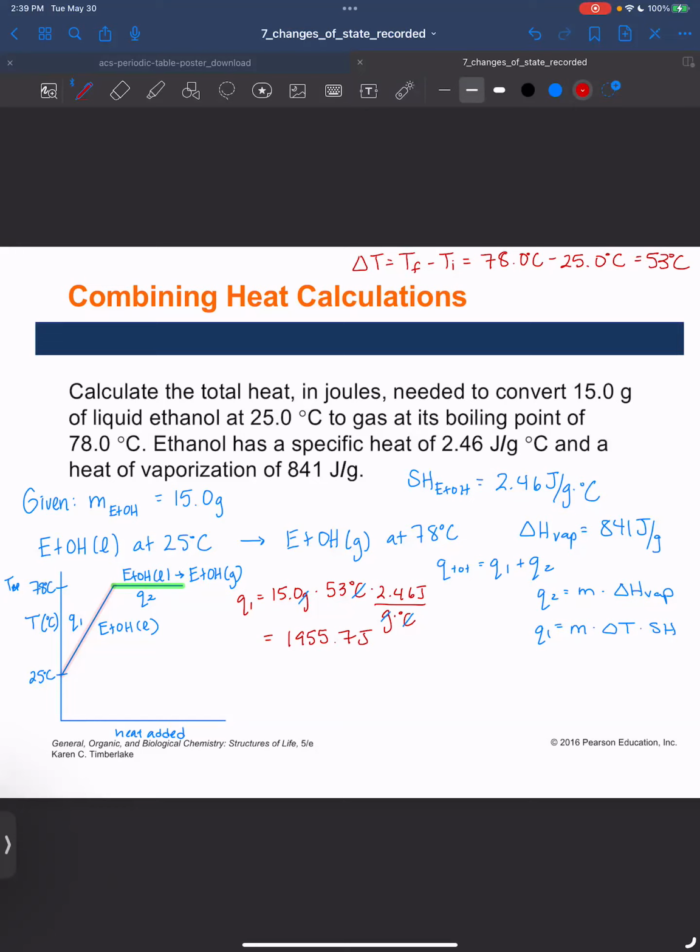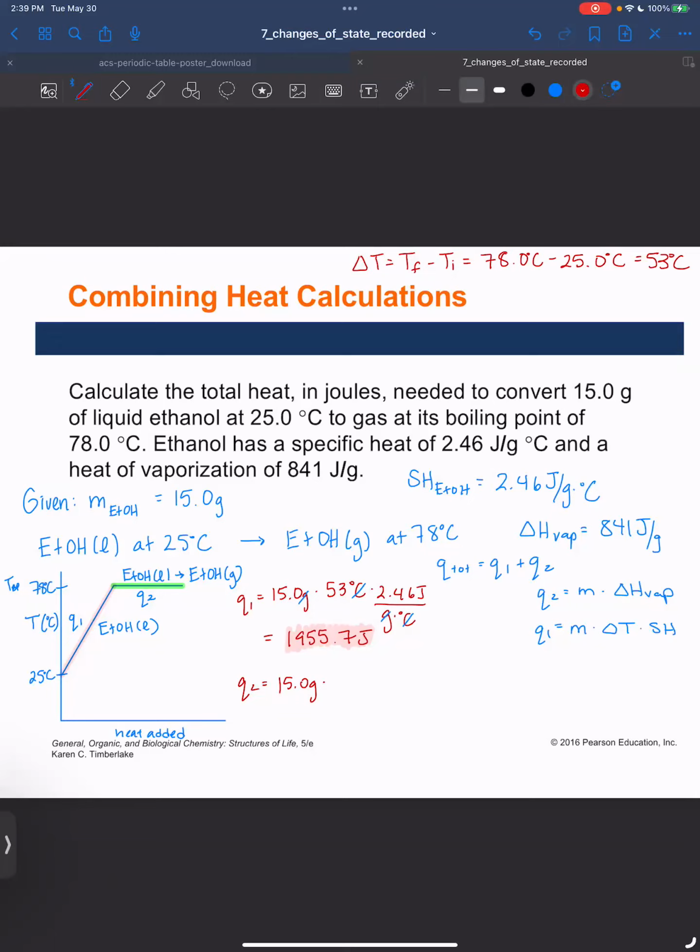And now let's do Q2. So that one was Q1. I'm going to go ahead and highlight that number. We'll need it in a little bit. Q2 is going to be equal to the mass of 15 grams times the enthalpy of vaporization, because now we're just converting all that ethanol from a liquid to gas at 78 degrees Celsius.